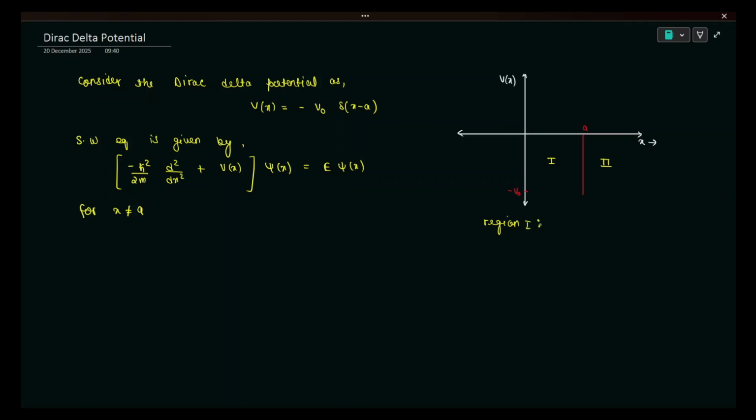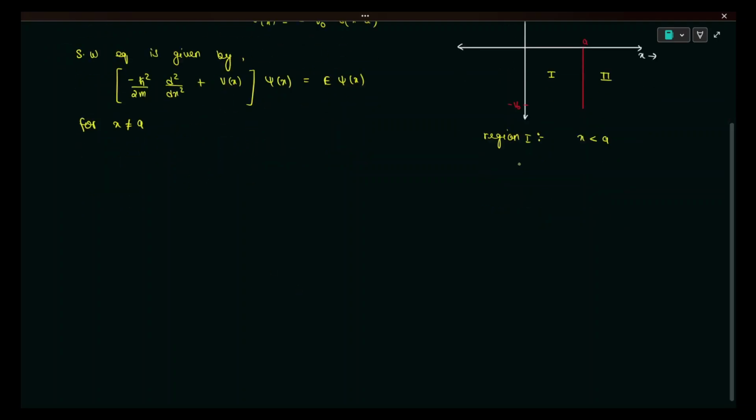Region 1 is x less than a, and region 2 is x greater than a. I'm not considering the exact point x equal to a. For that the potential will be 0. Why? Because at every other point except a, the Dirac delta potential is 0.